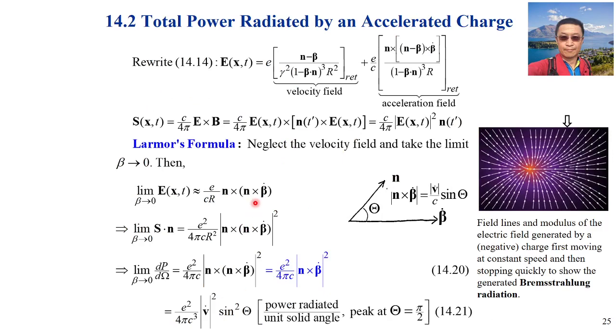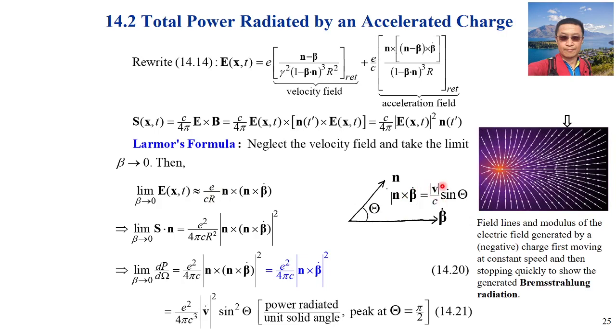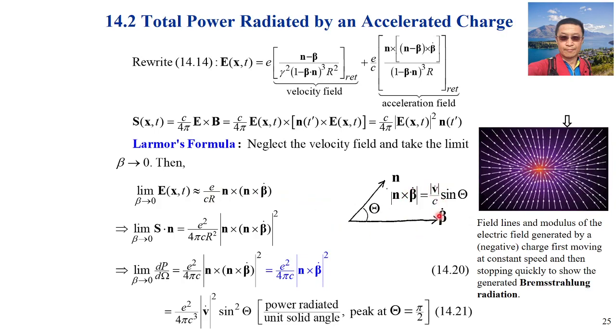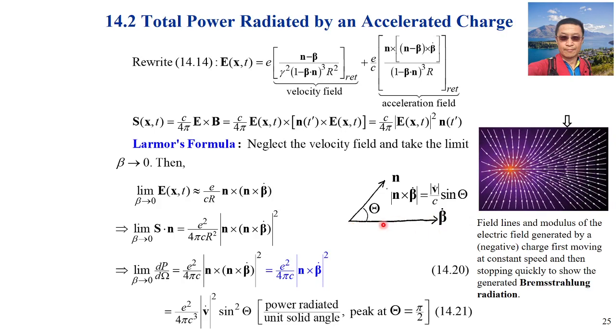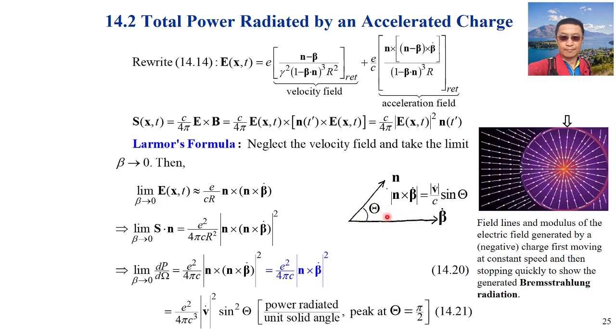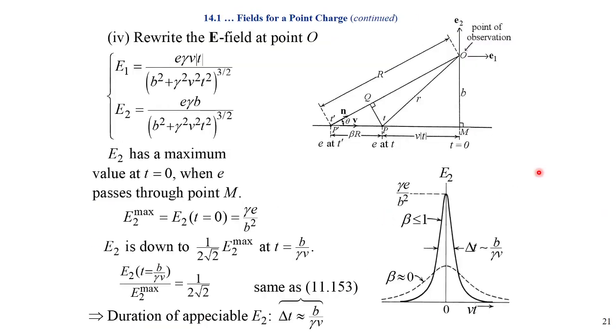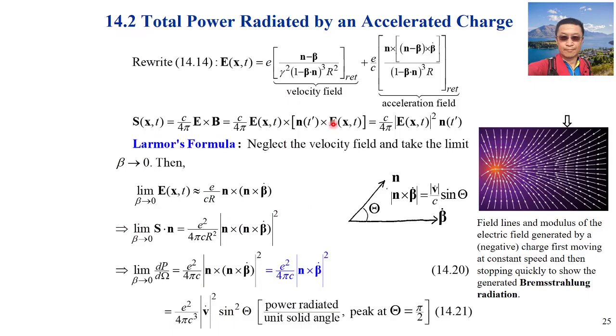So n cross beta dot: beta dot may be parallel or perpendicular to beta. Let's assume their angle is theta. The result will be completely different, so I will give you two examples.